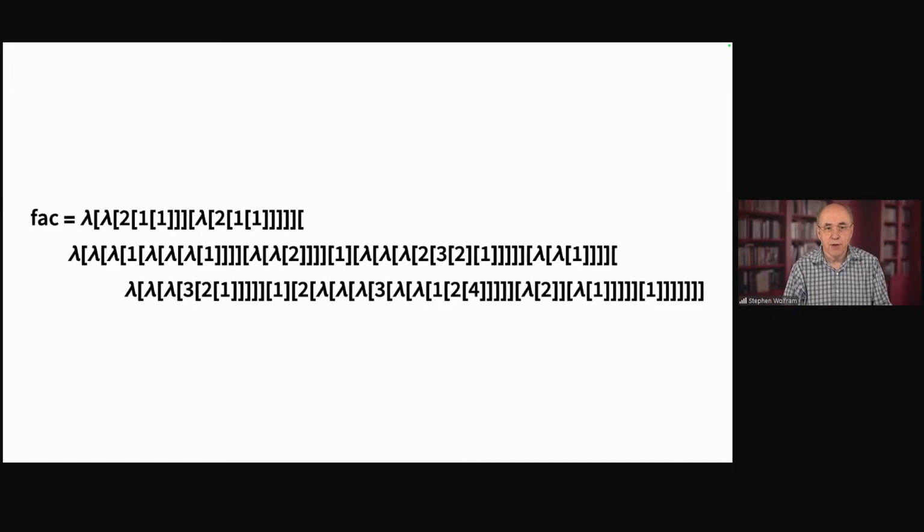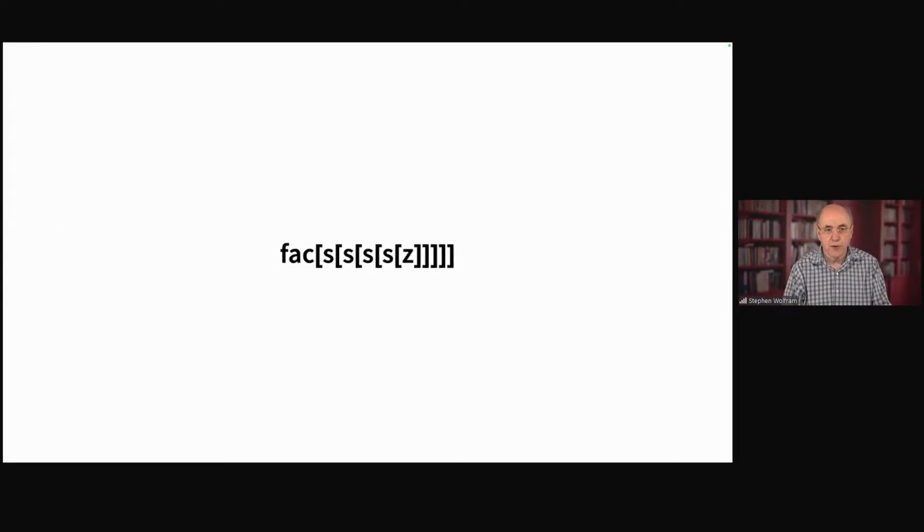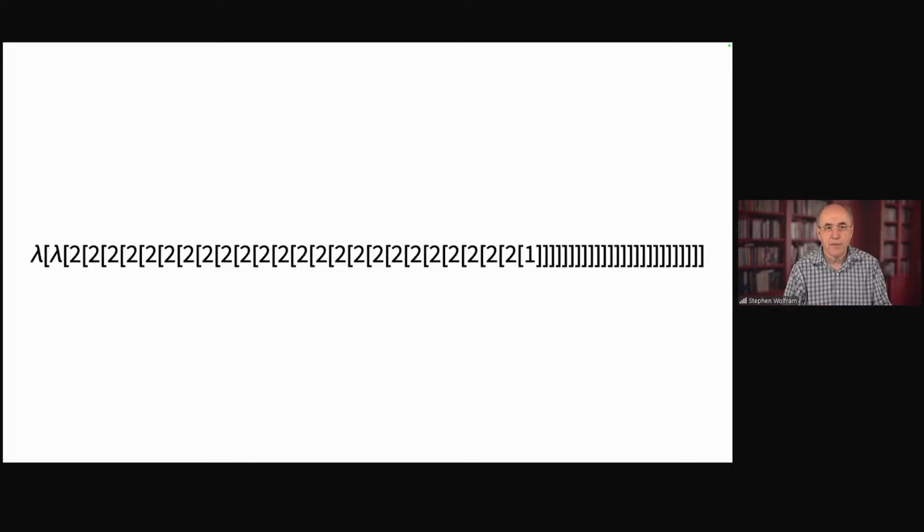Well, we can go further. So, for example, here's a representation, probably not the minimal one, for the factorial function in terms of pure lambdas. With this definition, it's a big mess of lambdas and de Bruijn indices. With this definition, for example, 4 factorial, which is fac of successor, successor, successor, successor of 0, eventually evaluates to 24.